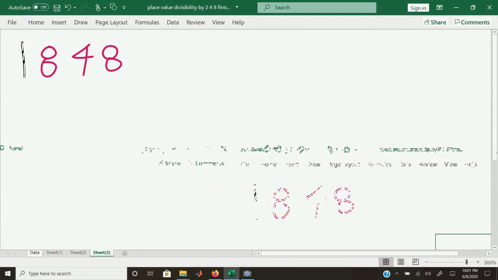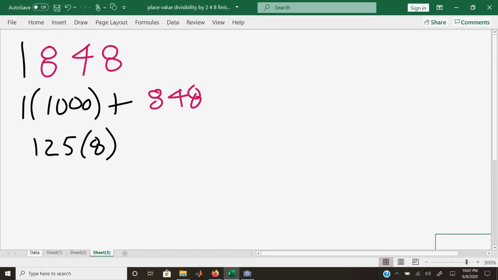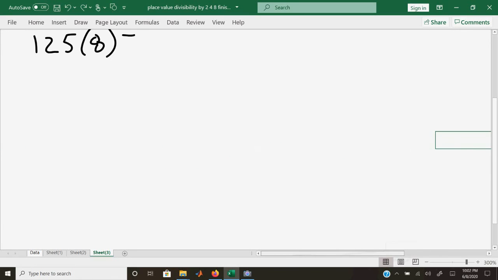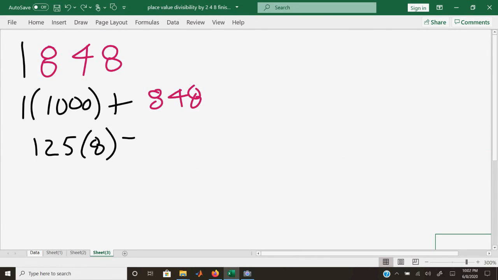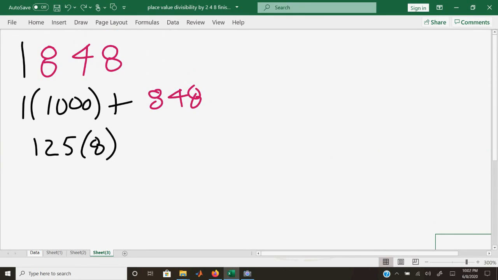And I'm going to call this 1 times 1,000 plus 848. And I can then call the 1,000 125 times 8. So I just have to see if my 848 is divisible by 8.